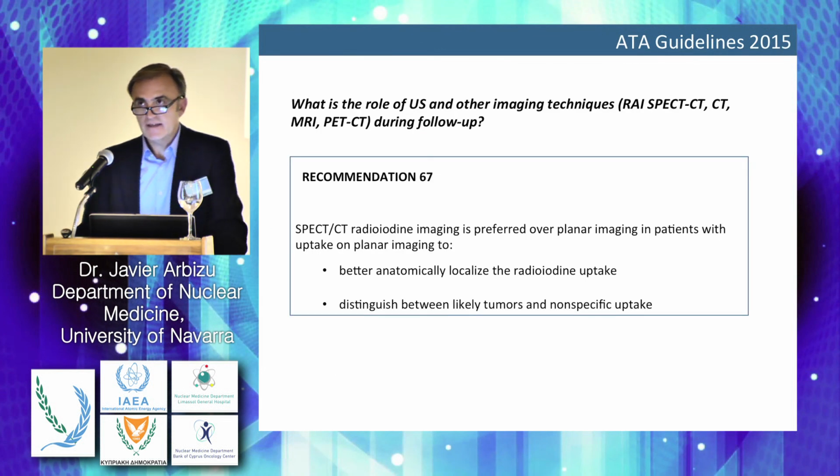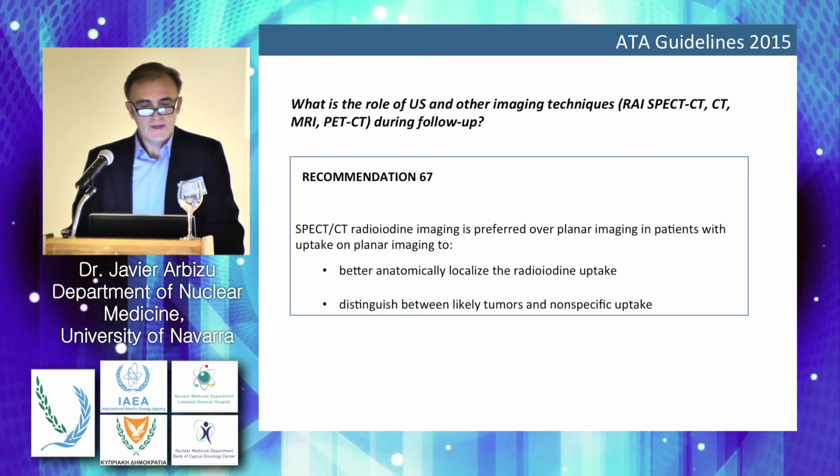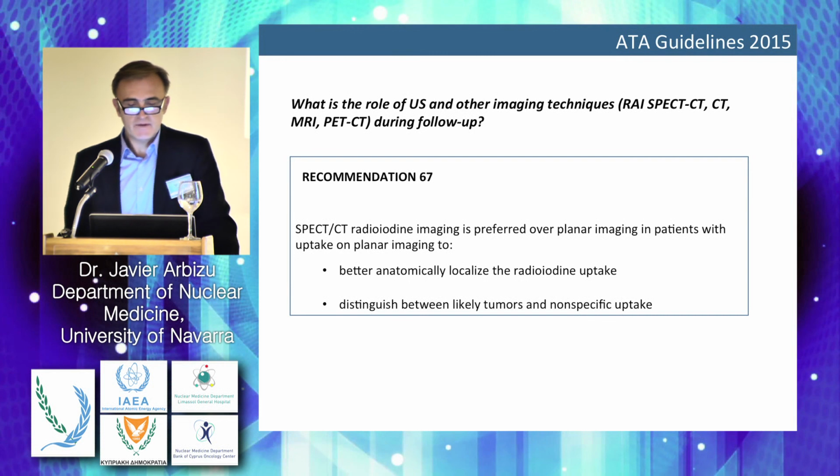And what about the IAEA guideline published this year? They mention that SPECT radioiodine imaging is preferred over planar imaging in patients with uptake on planar imaging, to better anatomically localize the radioiodine uptake and distinguish between likely tumors and non-specific uptake.